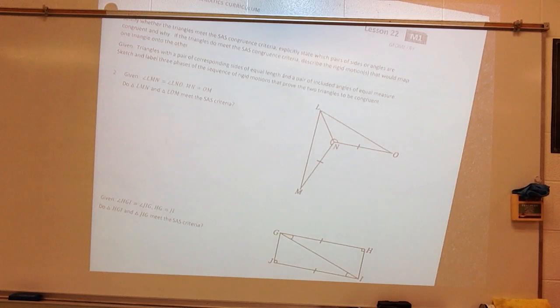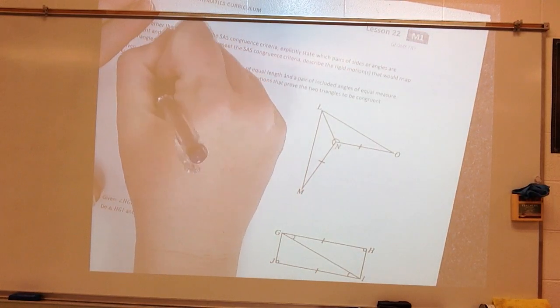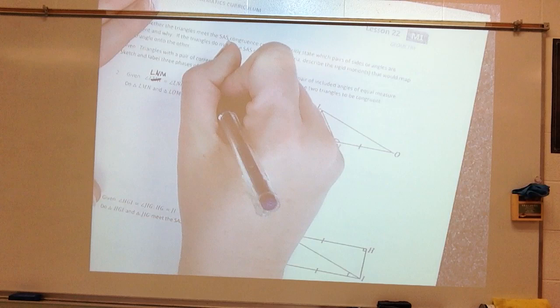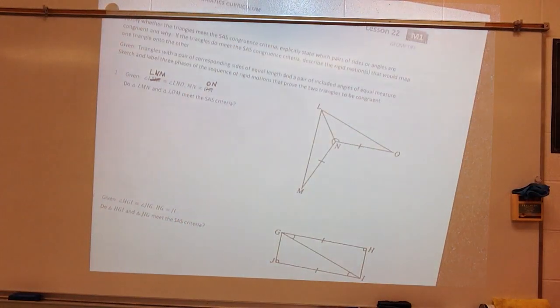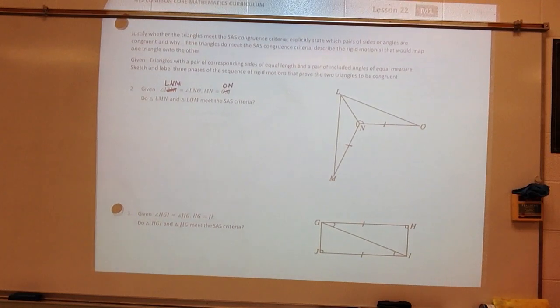That should actually be LNM, because according to the markings, and this should be ON. Okay? So you need to change that. They have a typo there, according to our markings.